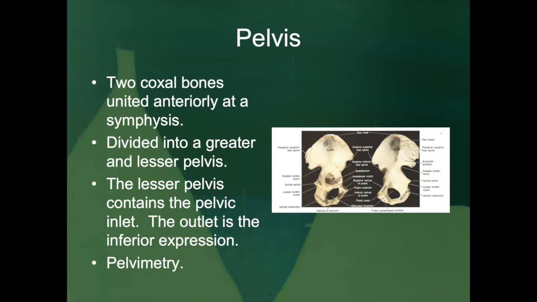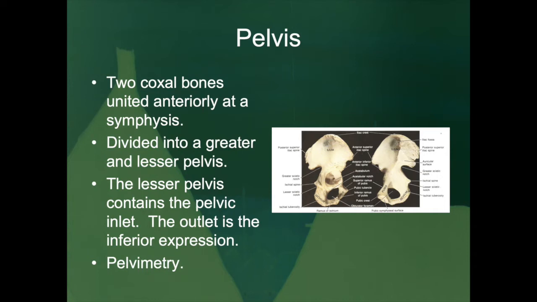So it creates the kind of anchor or foundation upon which the entire vertebral column sits. So that promontory is where we recognize an oblique plane that then creates an upper and lower, or greater and lesser, expression to the pelvis.